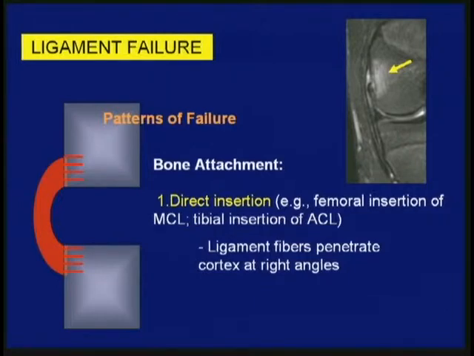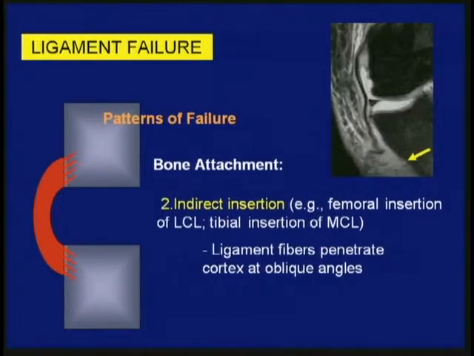But in certain areas of the body, there is a direct insertion where the ligament fibers penetrate the cortex at right angles. And in those cases, as shown here, where we're looking at the femoral insertion of the deep medial meniscofemoral ligament, you may get a pattern of marrow edema to help you.